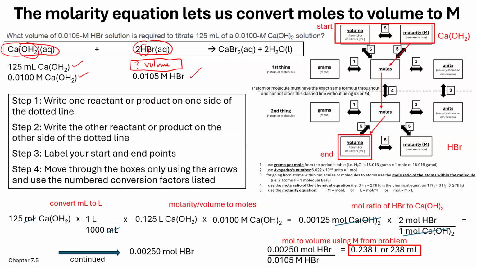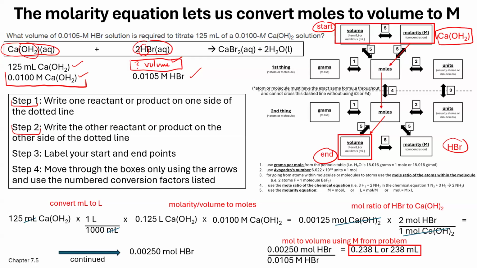Step one, write one reactant or product on one side of the dotted line. We put it on this side. Write the other reactant or product on the other side of the dotted line, so HBr. We always want to start with the reactant or product with the most information. This had more information, so that's what we're starting with. I'm going to put our start here, and we end at the volume of HBr.